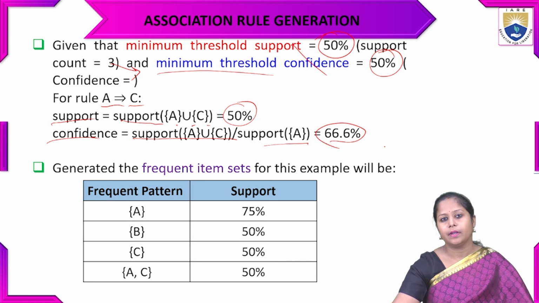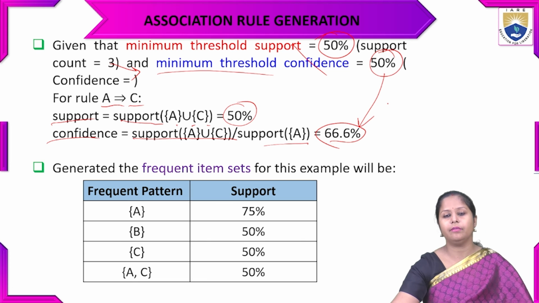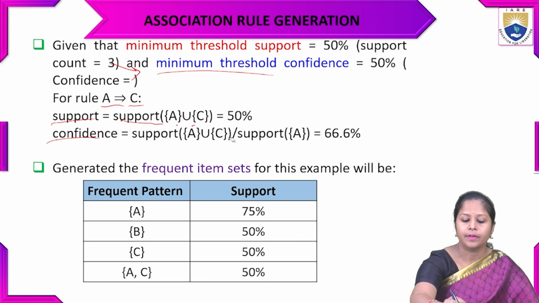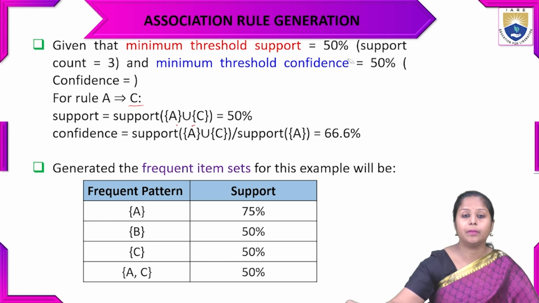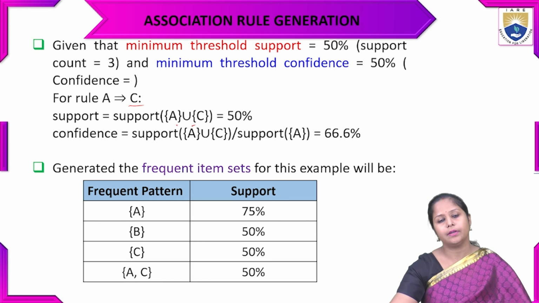So we will take 50% as the threshold value we set for that. The minimum threshold for support and confidence is 50% each.